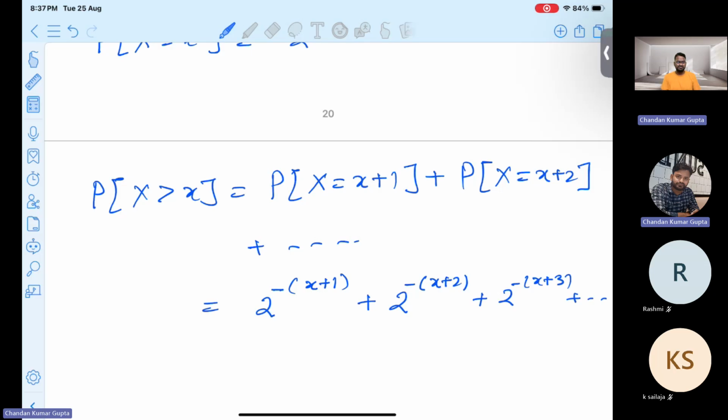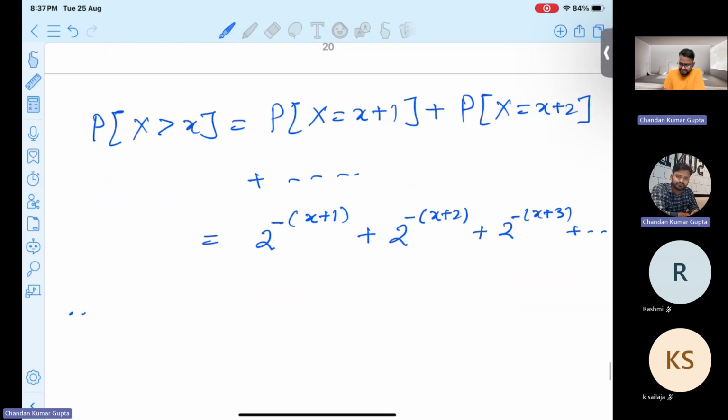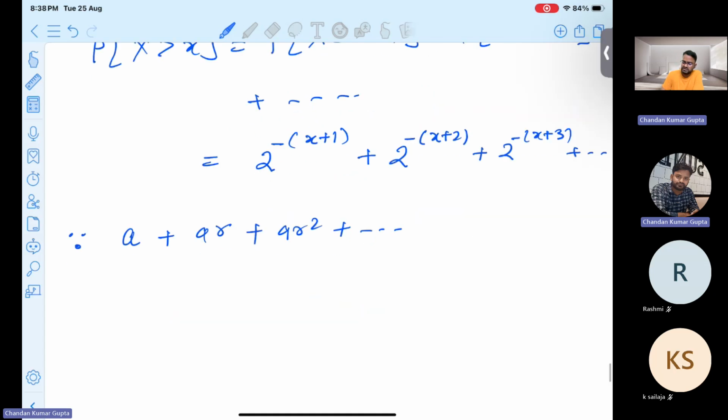Simple. Now you can understand this is actually an infinite geometric series. We know that it's a GP: a plus ar plus ar squared and so on.